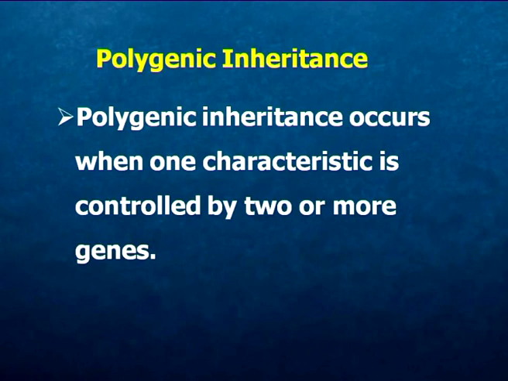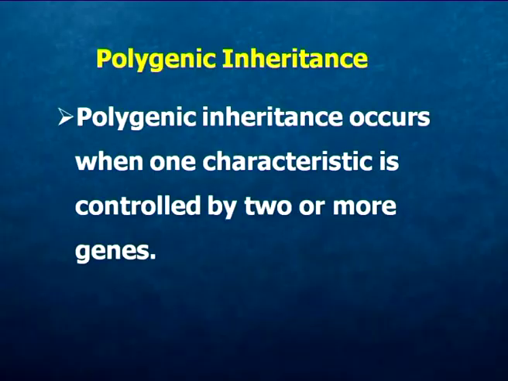But here, a character is determined by the cumulative or additive effect of several genes. Therefore, polygenic inheritance occurs when one characteristic is controlled by two or more genes.